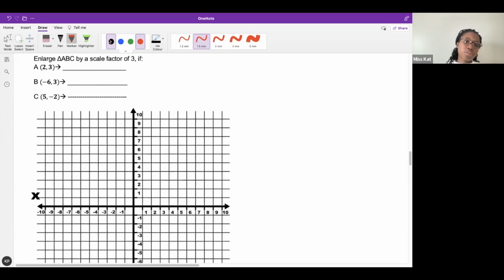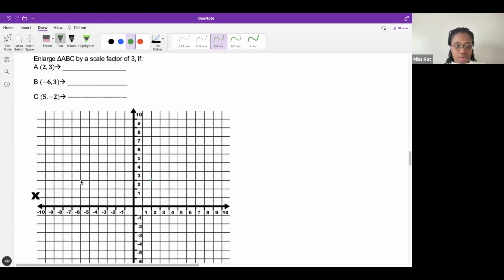But first, I'm going to plot the original triangle. Okay, so let's plot ABC. It's 2 and 3, which is over there. I don't like using black because you can't tell the difference between where I wrote. Okay, 2 and 3 is over there. The next one is -6 and 3.